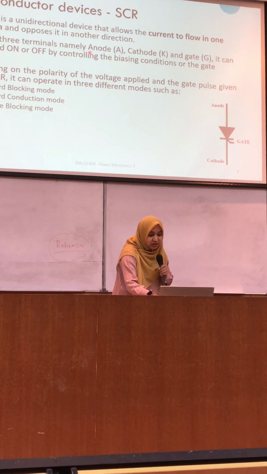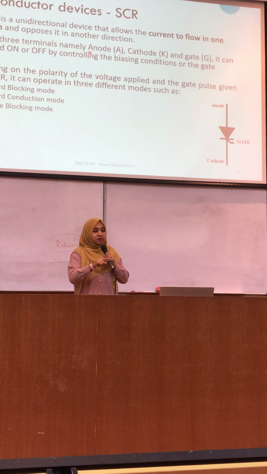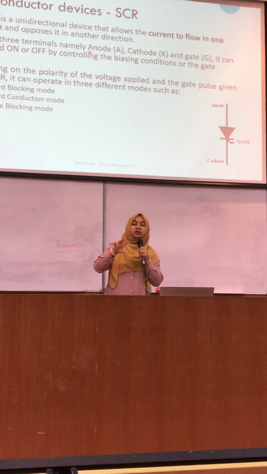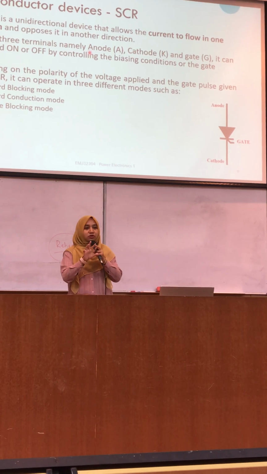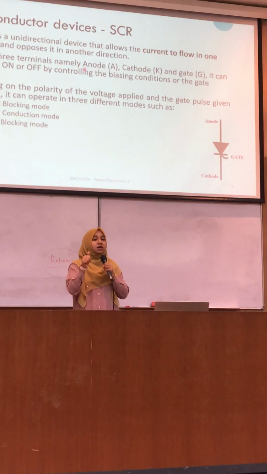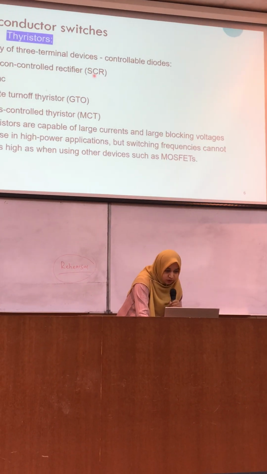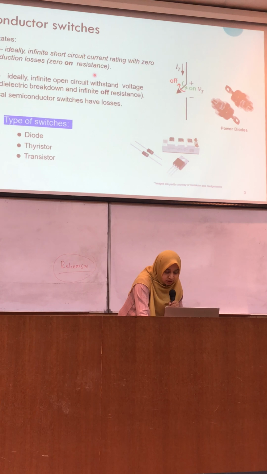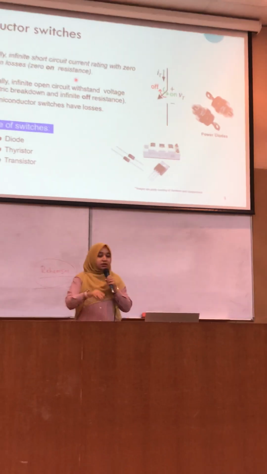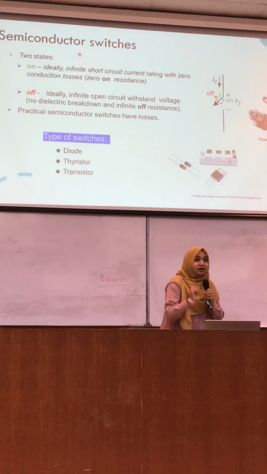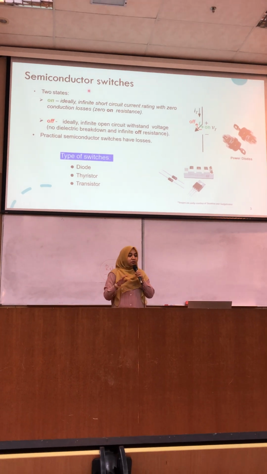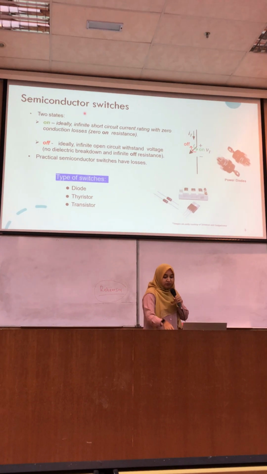Okay, we just recap. For the power semiconductor switches, basically you are going to look into 3 groups of family. The first one is diode. So this diode is a unidirectional device. What does it mean by unidirectional device for a diode?